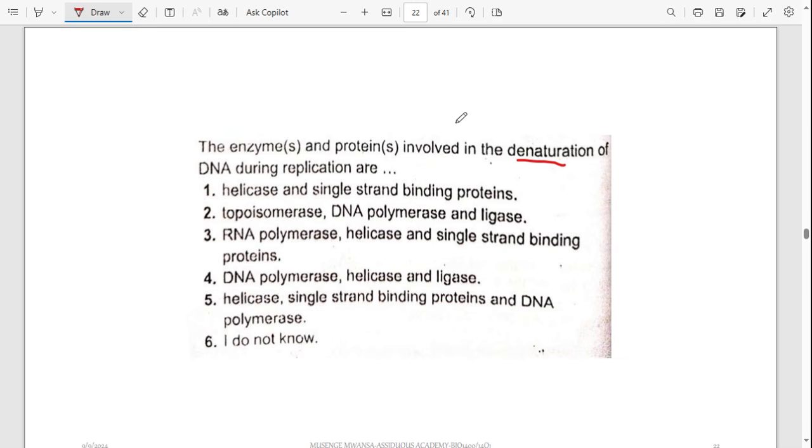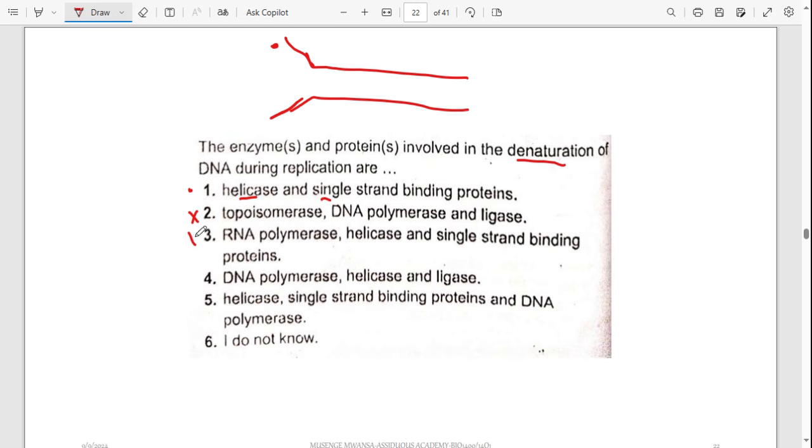Remember denaturation, you have got this double-stranded guy, but you are trying to separate it so that it can become like this. So helicase is playing a role. Single-stranded binding protein, of course, is also preventing the coming back together, but let me put a dot. Topoisomerase, really not in denaturation.